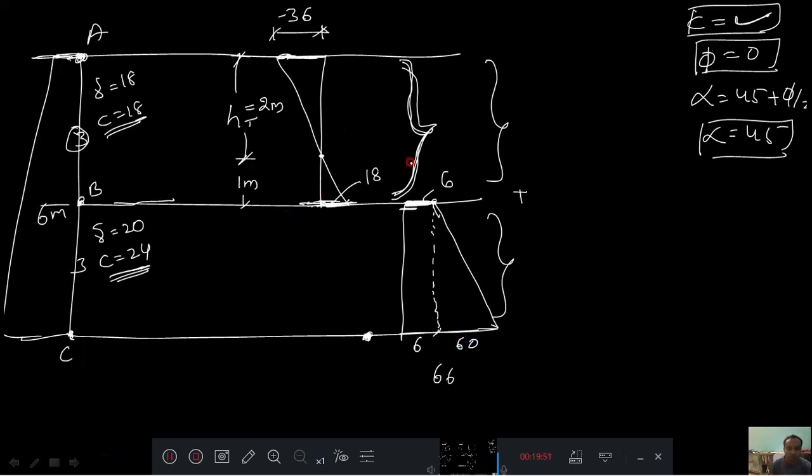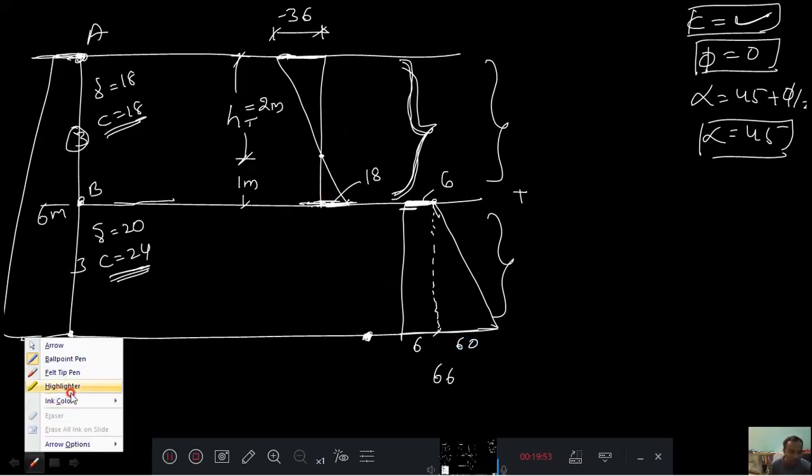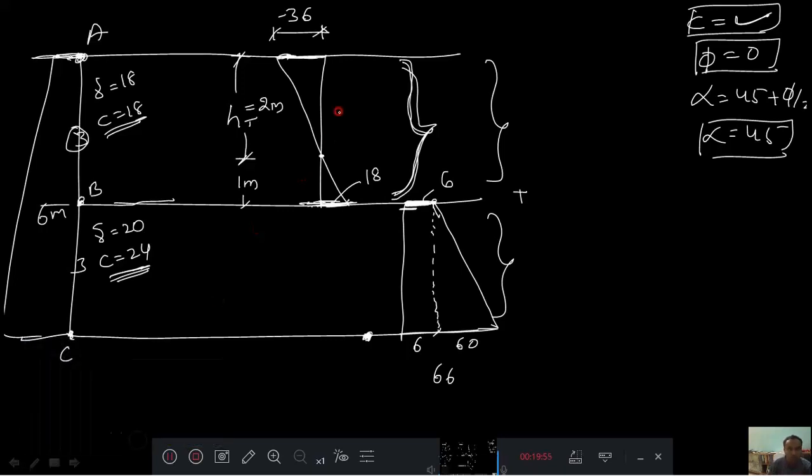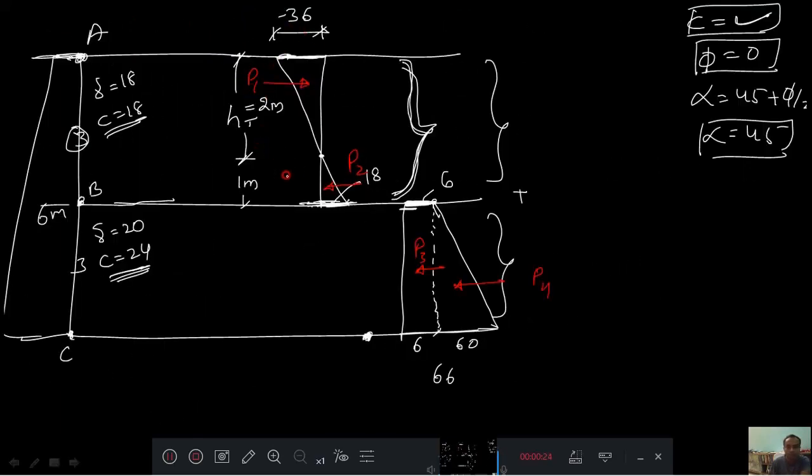Now you got a distribution diagram. Now we need to calculate p values. Therefore this is p1, this is p2, and this is a positive p3, and this is a positive p4. Okay, now you can calculate that p1 is equal to half into minus 36 into 2 meter. Half into minus 36 into 2 meter.